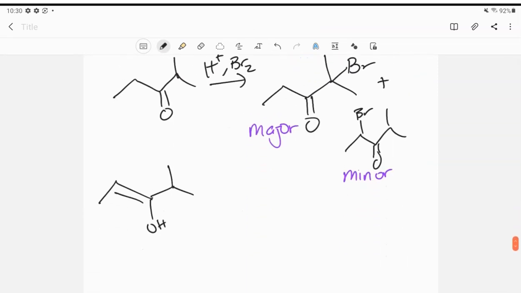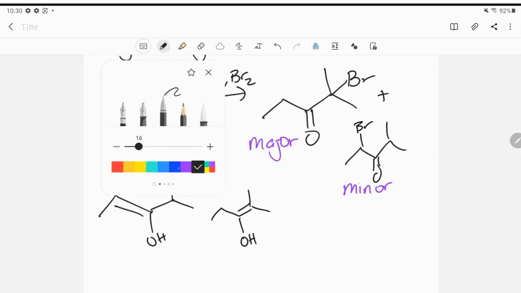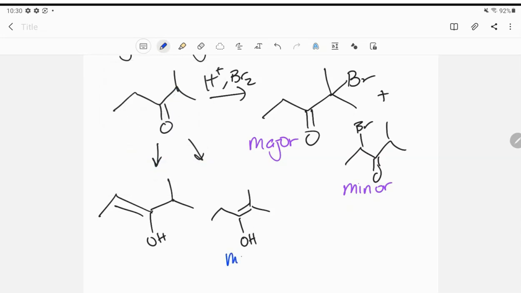Okay, so we've looked at the two enols that form. These are the two potential enols that we can get from tautomerization of this ketone. And we can see here that this one is more substituted, which means more stable, meaning that we're more likely to get the product that arises from that enol.